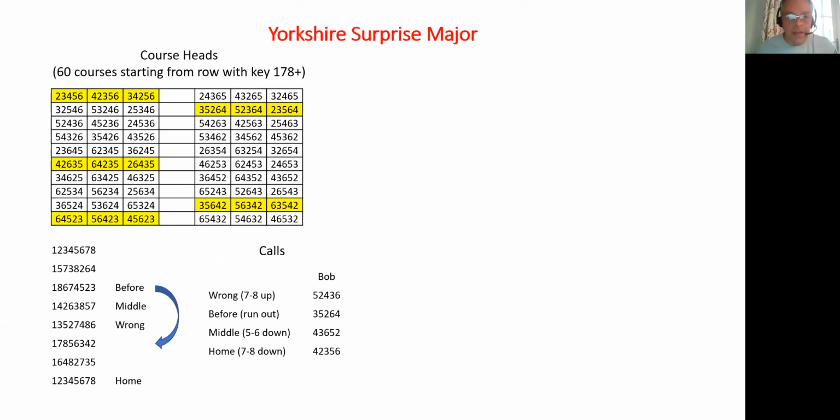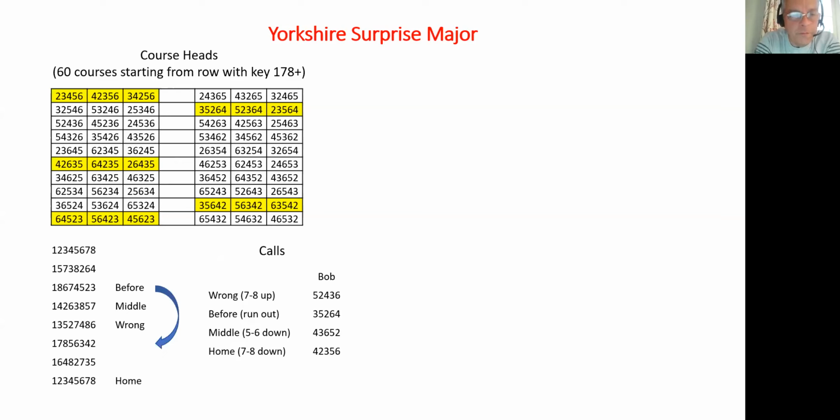So how do we then use all that information to come up with a composition? Looking at Yorkshire Major, if we're going to produce a composition, then we're choosing courses from the 60 courses, starting from the key 178 plus, and those are all listed in the table up there, top left.